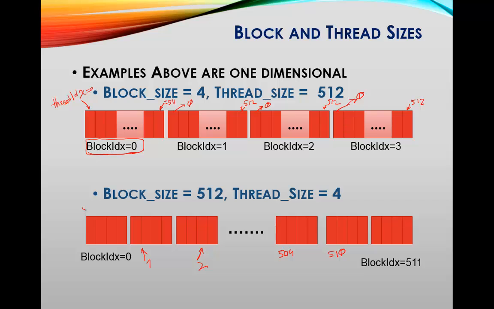Each of these will have a threadIdx of 0, 1, 2, and 3, and your thread indices for each block are going to be again 0, 1, 2, and 3, and so forth.